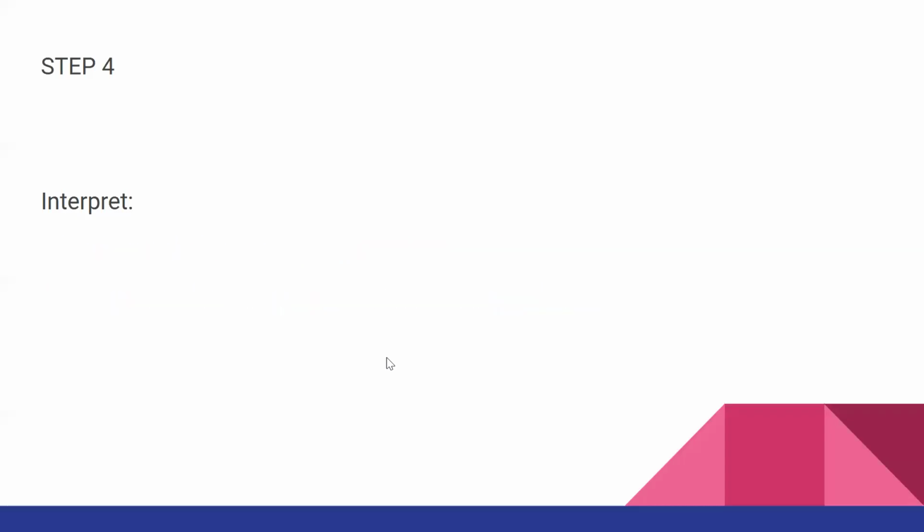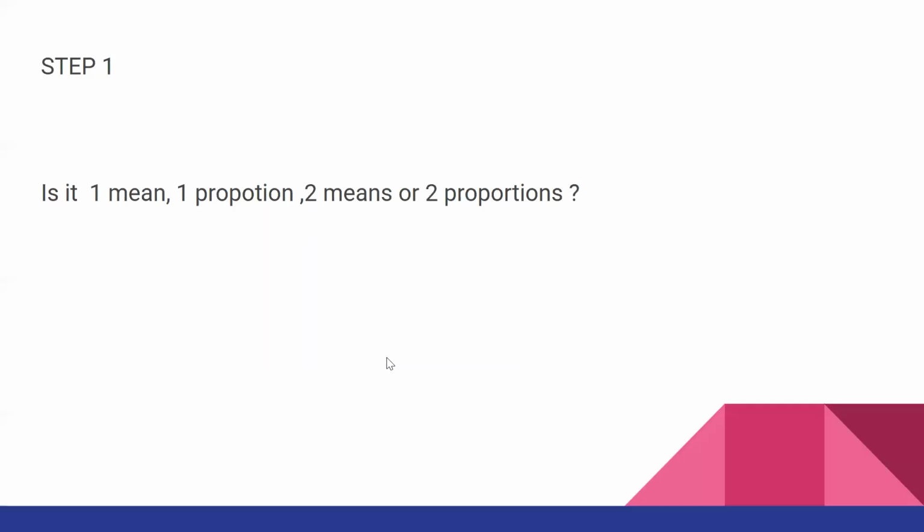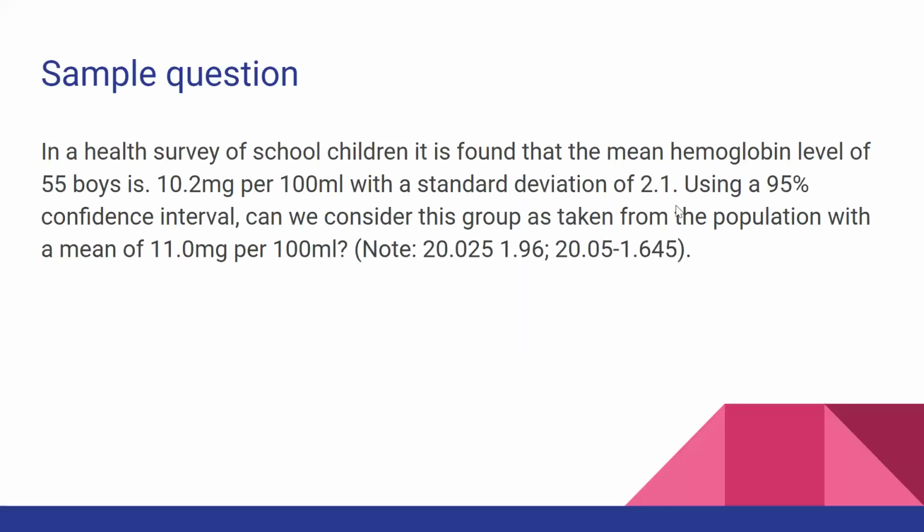That means they want a hypothesis test. And this other question, they were telling us to use a 95% confidence interval. So they have restricted us to use a confidence interval. The other question has restricted us to use a hypothesis test.